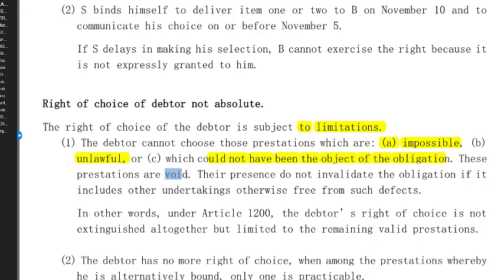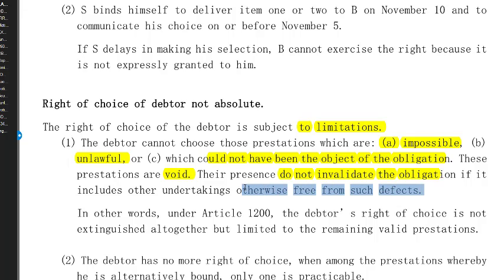Hindi yan po pwede. Their presence does not invalidate the obligation, so it does not invalidate the obligation if it includes other undertakings otherwise free from such defects.